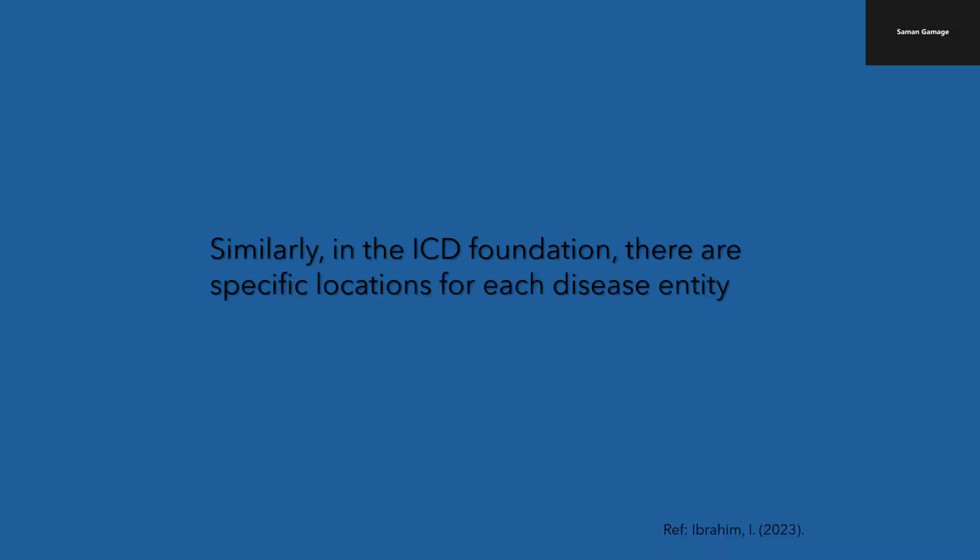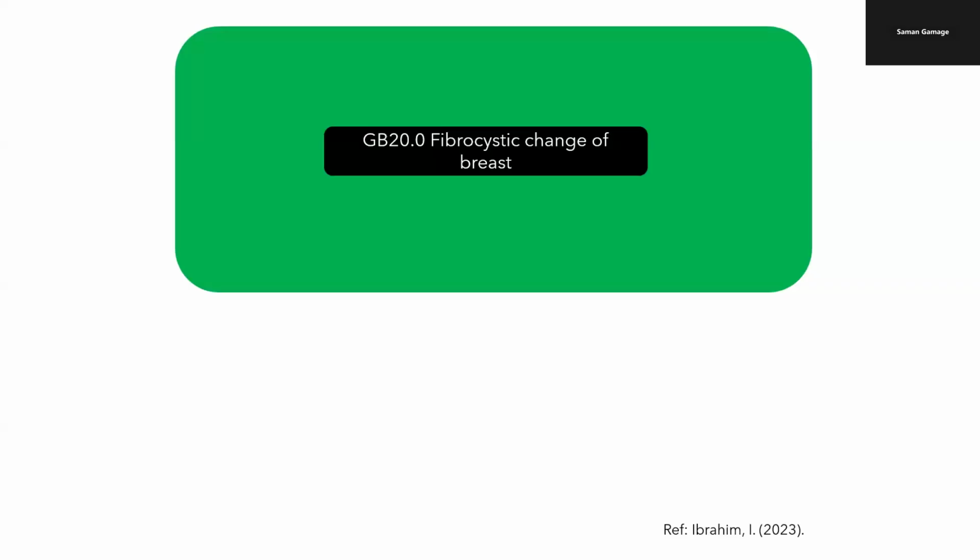Similarly, in the ICD foundation, there are specific locations for each disease entity. For example, GB 20.0, fibrocystic change of breast.